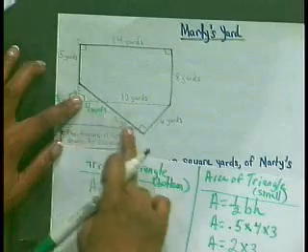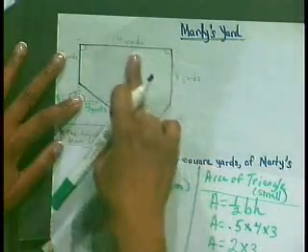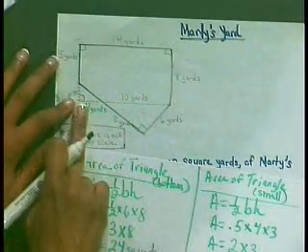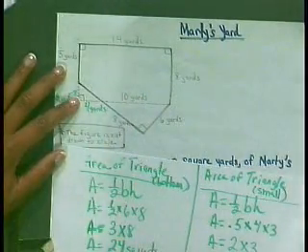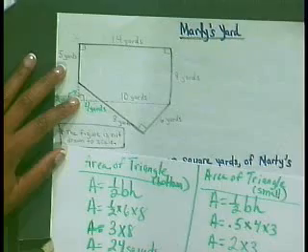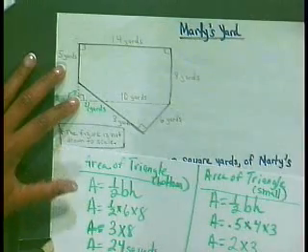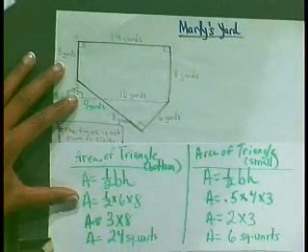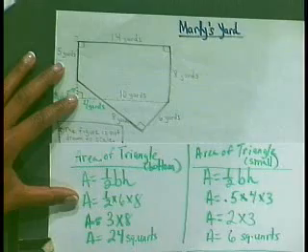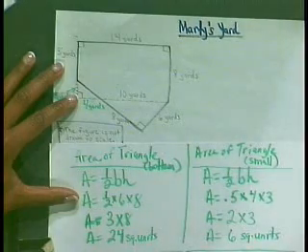Now remember, that's the area of the entire figure, including this small triangle. The bolded portion of Marty's yard is actually his yard. The small triangle was used so that we can find the area of the rectangle. So if we take 142 and subtract out the area of the small triangle, we will actually get area equals 136 square units.